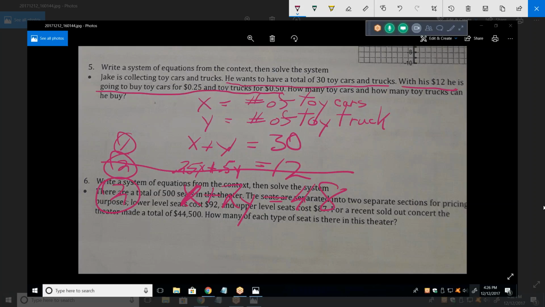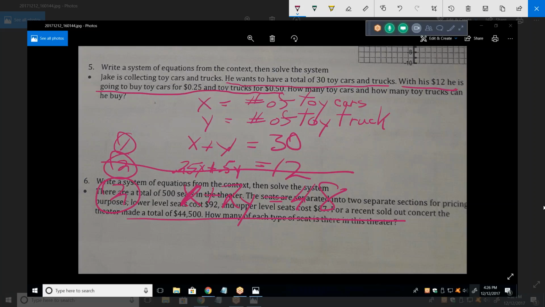Now, can I eliminate a variable? Yes. By doing what? Adding or subtracting? Subtracting. Okay, let's subtract 2 from 1. In fact, let's subtract 1 from 2.